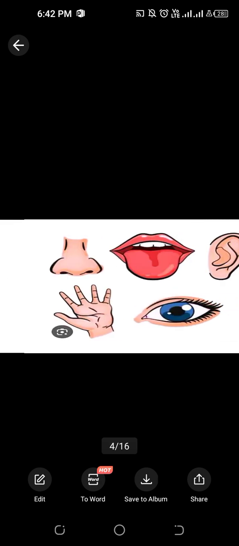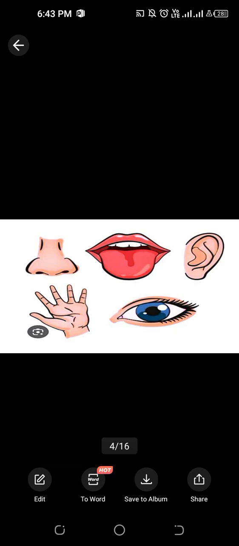Today we are going to review the structures and the basic functions of our five basic sense organs, which are nose, tongue, ear, eye, as well as the skin. So let's get started.